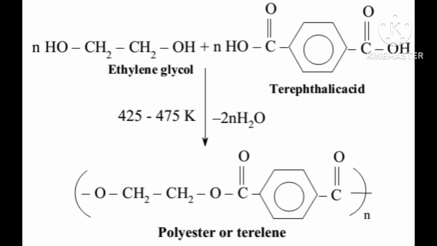Both carbons have one electron, meaning open valency, because the bond has broken. Then another molecule will come and join with the first one. Again the third one will come and join with the second one. The fourth will join with the third, and the fifth one will come.